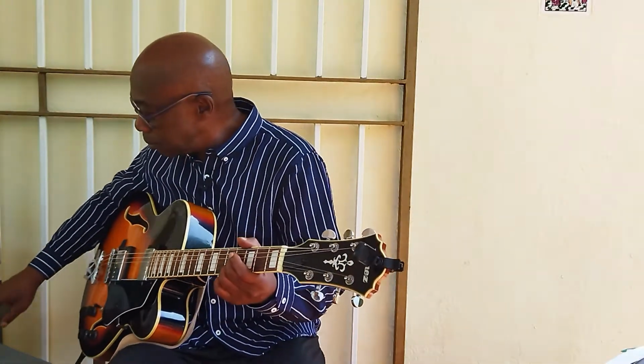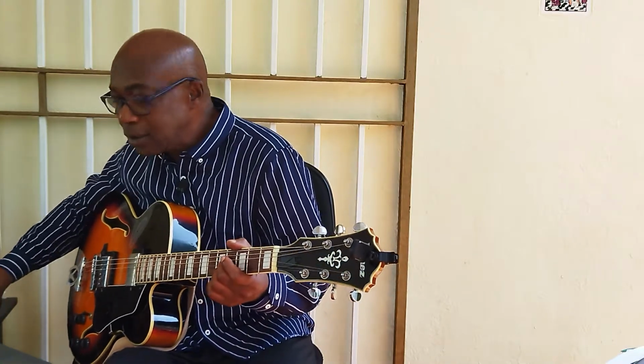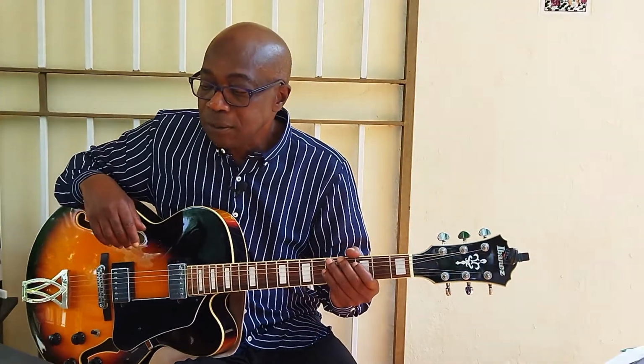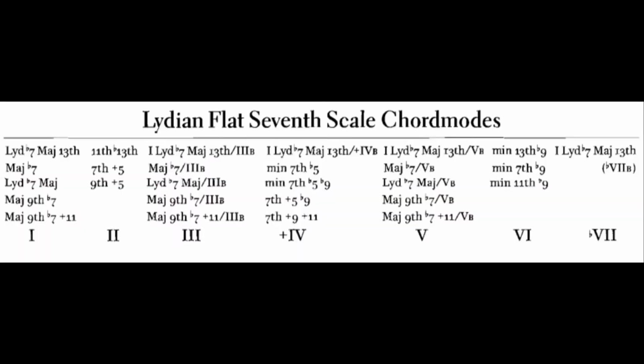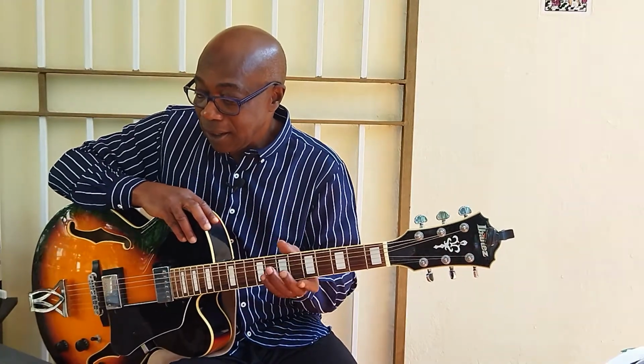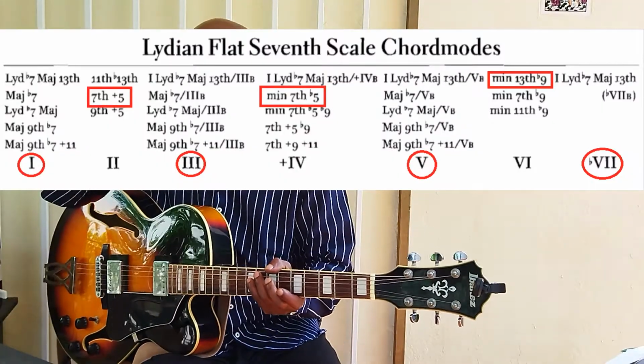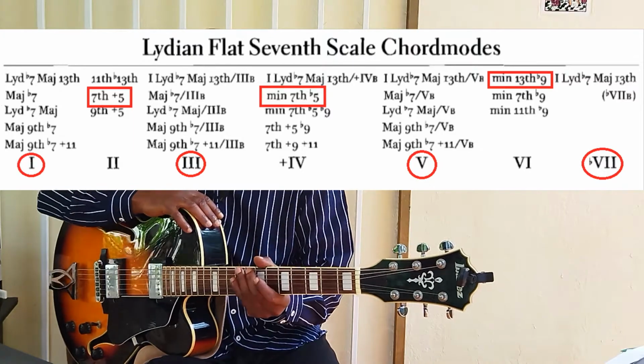Now when we understand this, when we advance to the chord sections, or when we look at the chord section, you'll be able to fully understand the idea. I'm talking about this section.